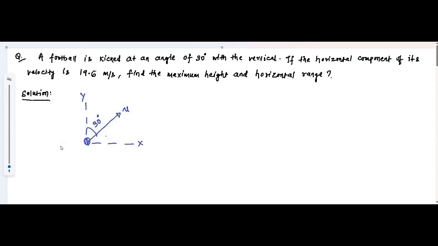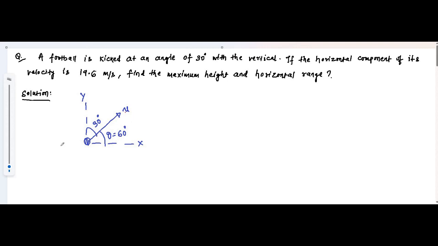So all our derivations and formulas are based on what angle the initial velocity makes with the horizontal axis. So this angle is equal to 60 degree, the remaining angle.